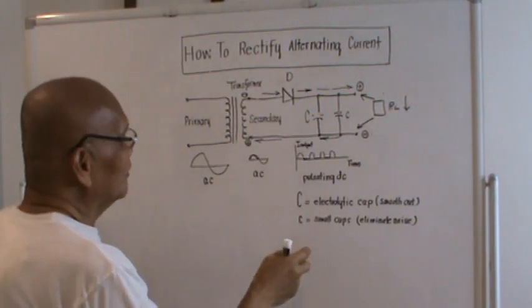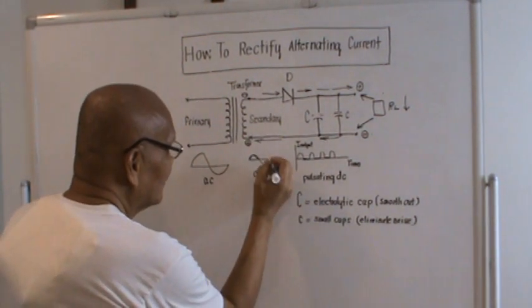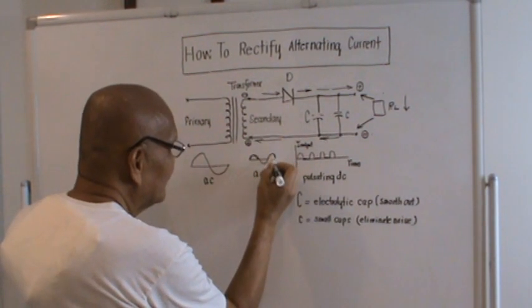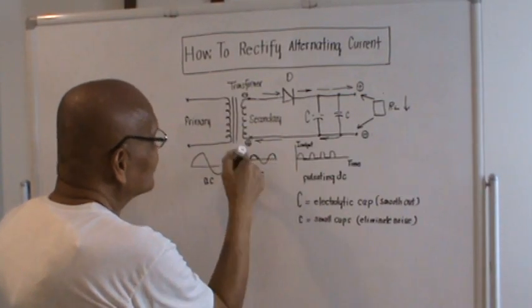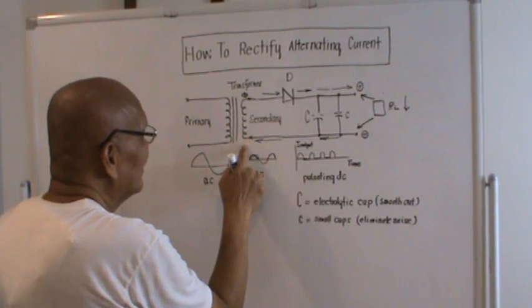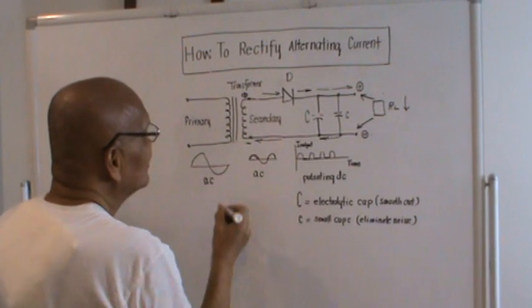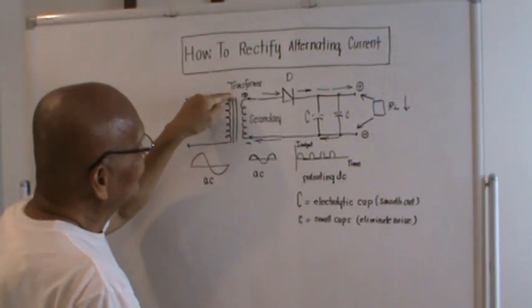On the next cycle, the current will be again positive. This portion here. And during this time, again, this will be plus and this will be minus. So the current will be again emanating from here.